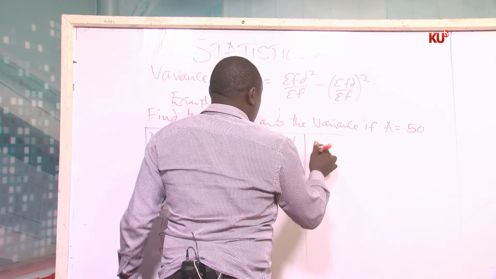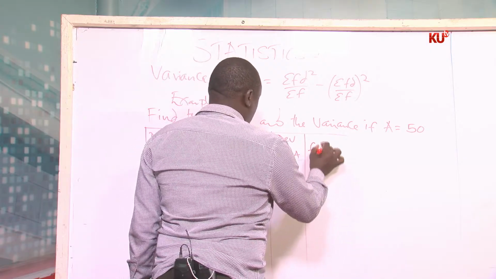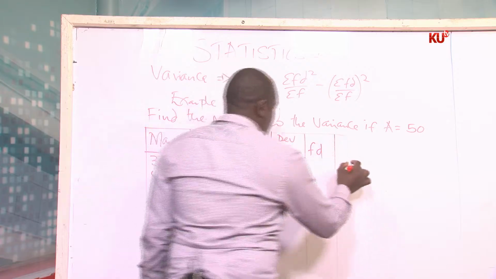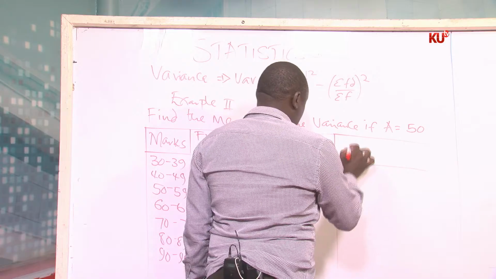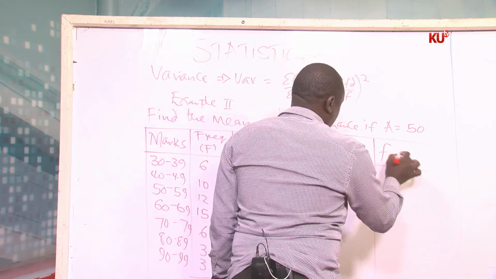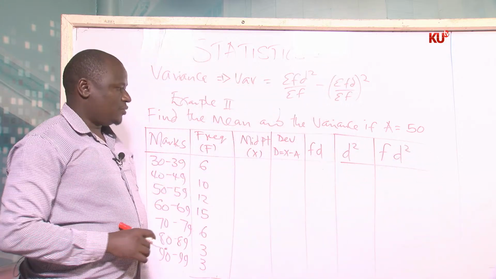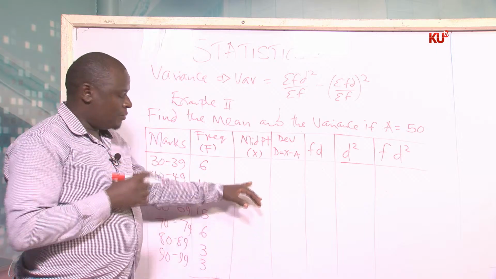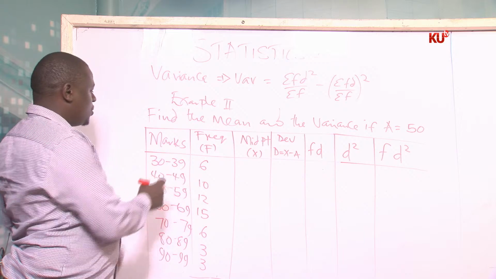Once we get midpoint and deviation, we shall get a column of FD. Then we are introducing another two columns of D squared and lastly, FD squared. These ones we have already dealt with. So we may just write them down very fast because we already know what to do.